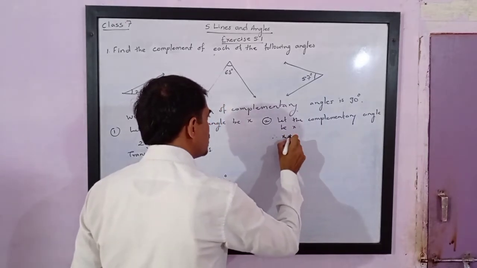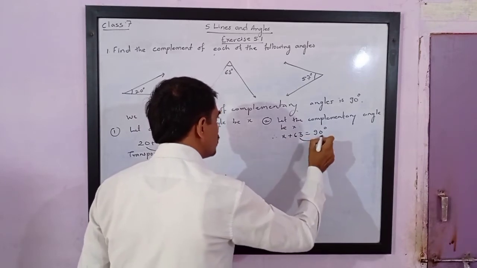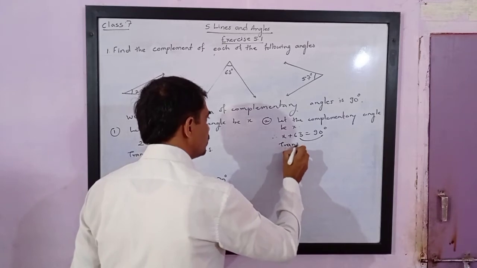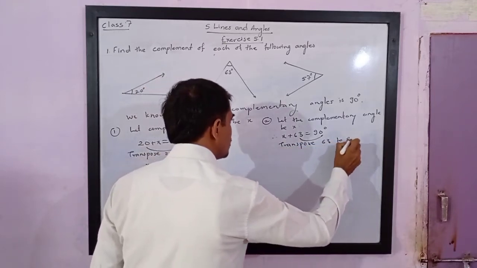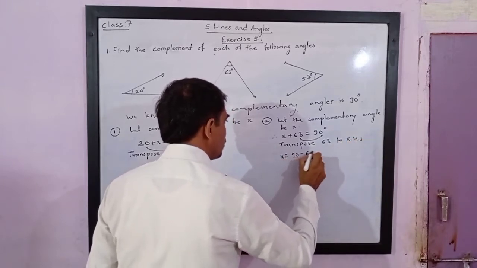Therefore, we will get x plus 63 is equal to 90 degrees. Now, if you transpose 63 to RHS, you will get x is equal to 90 minus 63.